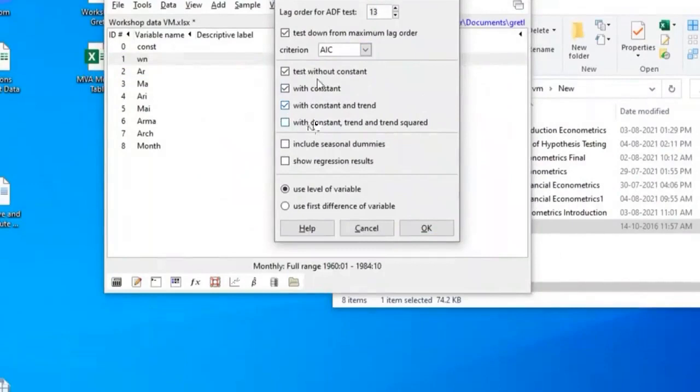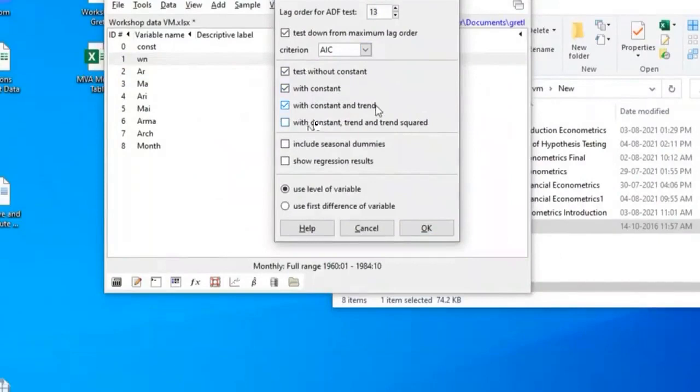Now here, test without constant, with constant, then with constant and trend, with constant, trend and trend square. This is an additional one by Gretl. Usually we have only the first three specifications: without constant, with constant, and with constant and trend.